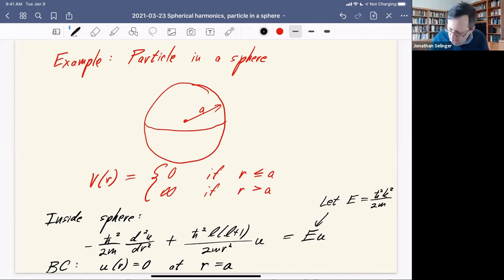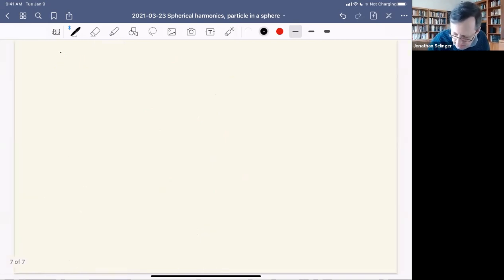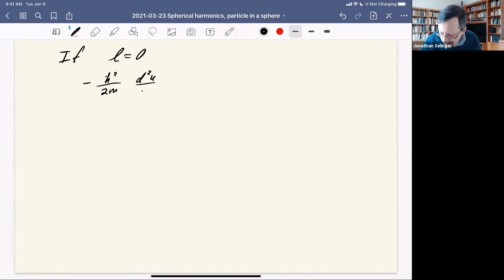So that means then that if l equals 0, then negative h bar squared over 2m times the second derivative is equal to h bar squared k squared over 2m times u.